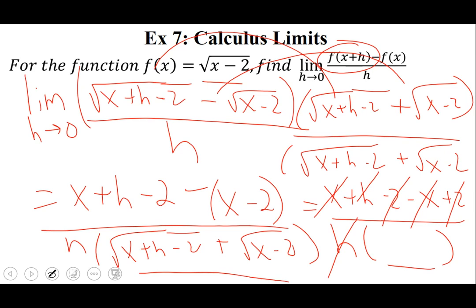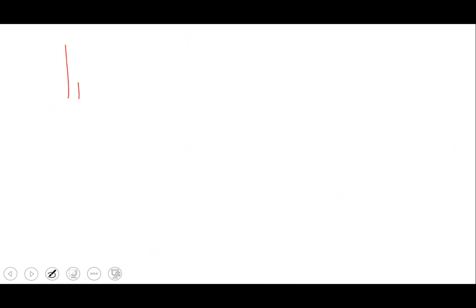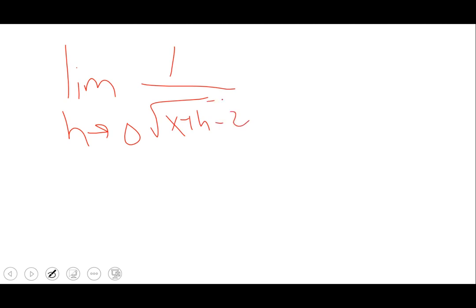And then don't forget to put your limit statement back in. So the final calculation I'm going to do is the limit as h goes to 0. All that's left in the top is 1. And then the bottom, square root of x plus h minus 2 plus the square root of x minus 2.